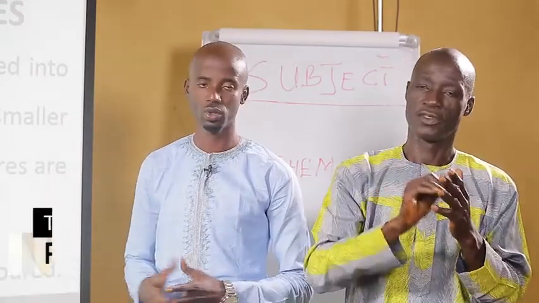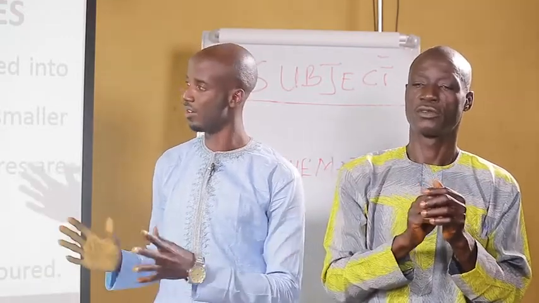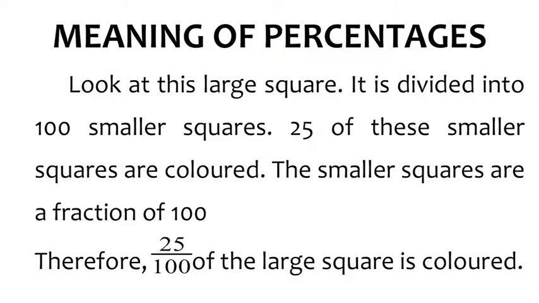Now, before we go to look at the meaning of percentage, I have a very large square for you to see. Looking at this square, it has been divided into 100 smaller squares.